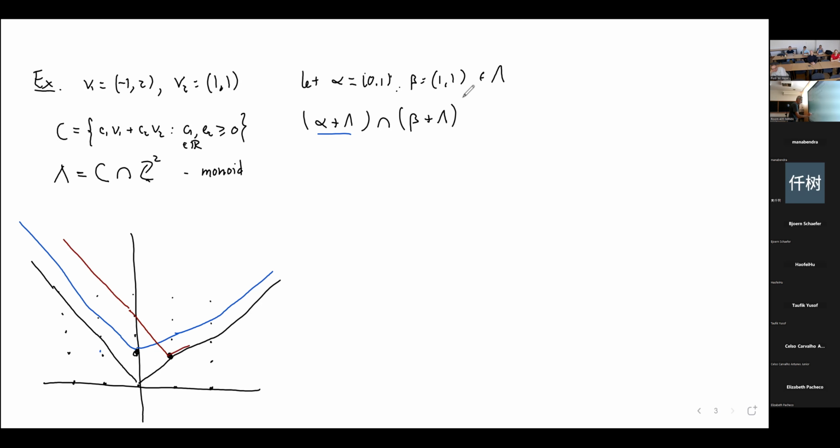And then I'm just going to continue here. So the intersection of these two principal right ideals is built from the cone base at this point. We've got the red ray to the right and the blue ray to the left, and the blue ray to the right.